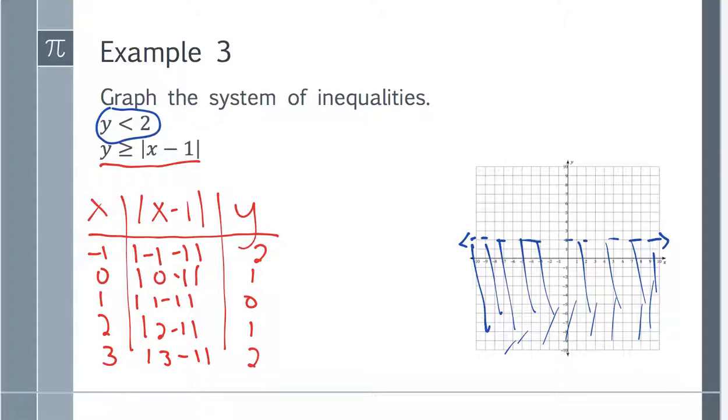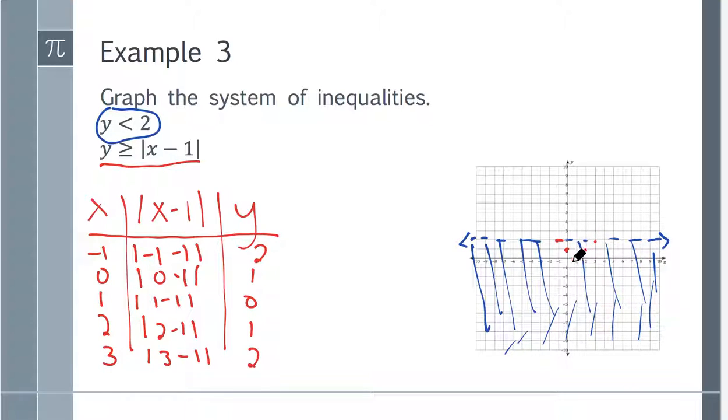Let's go back to my red. We want -1, 2. Oh, maybe I did that right. Okay, 0, 1. 1, 0. 2, 1. And 3, 2.